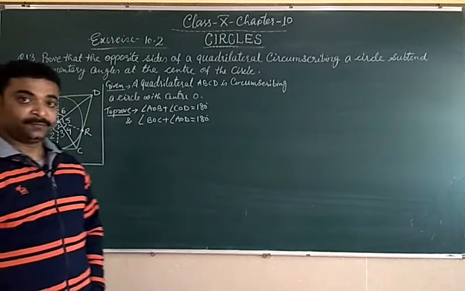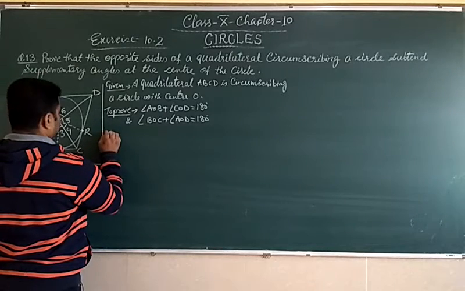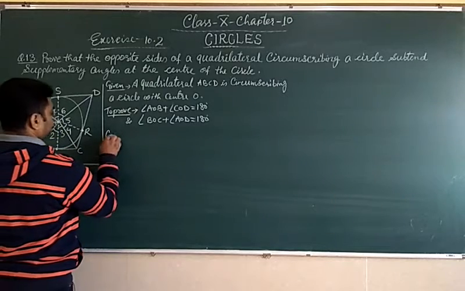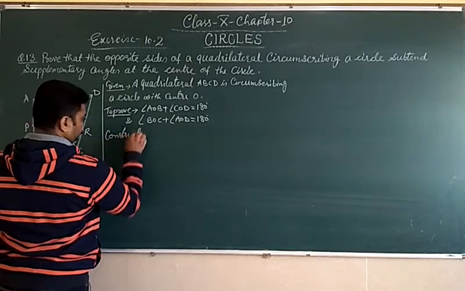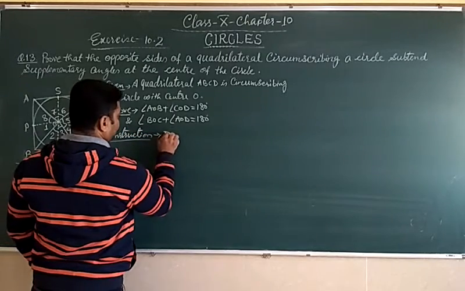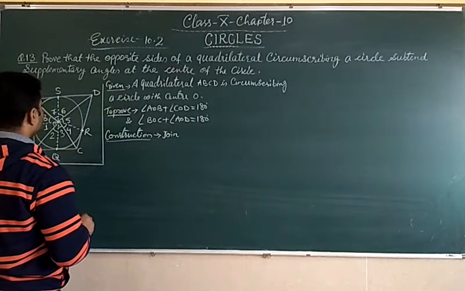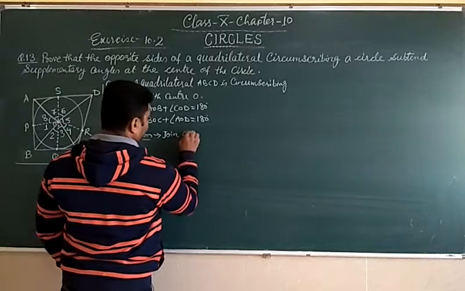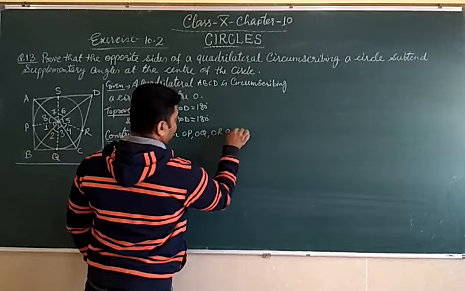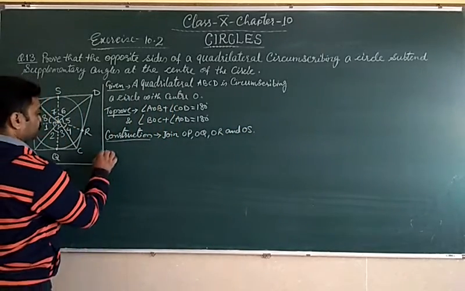These two things we have to prove. Now, construction: join OP, OQ, OR and OS. Clear? Now, proof.